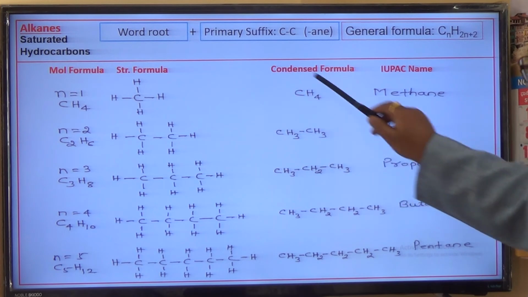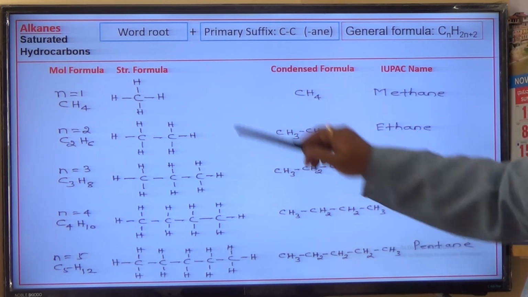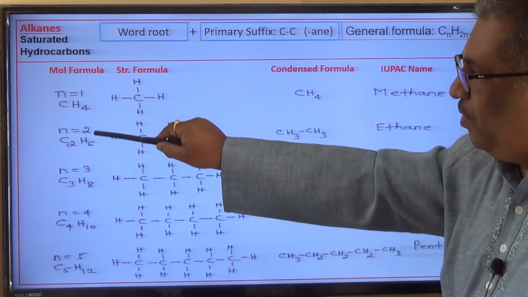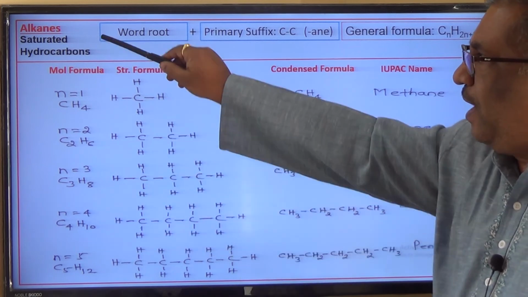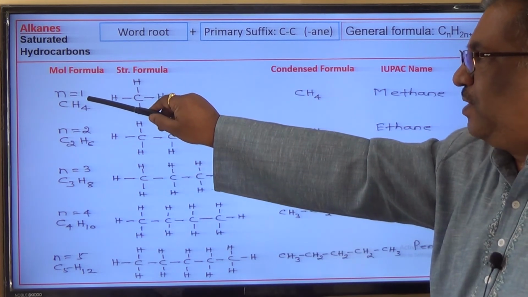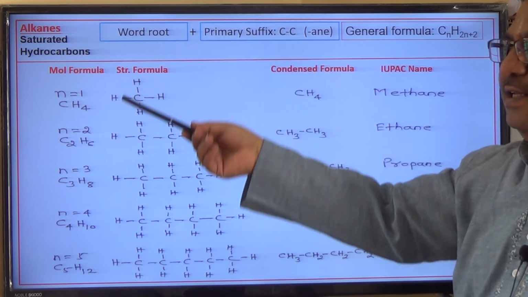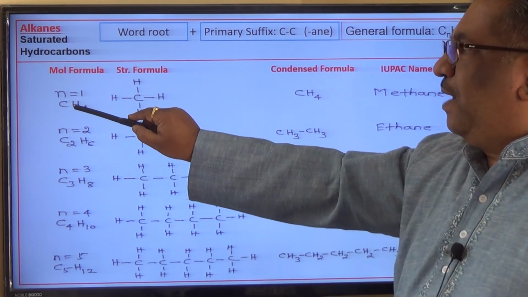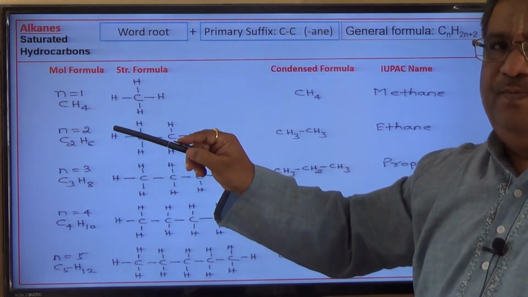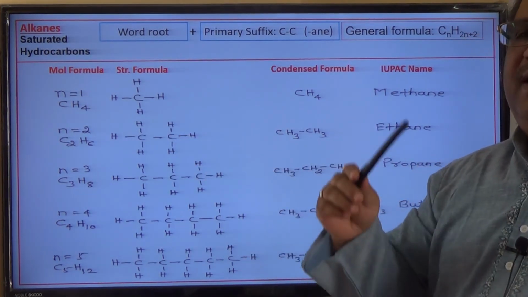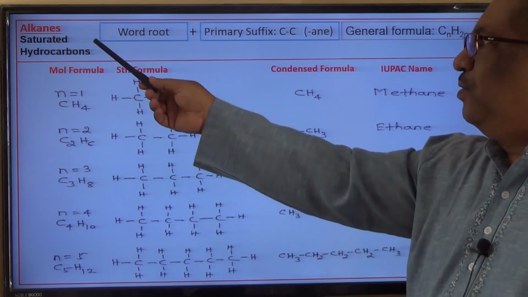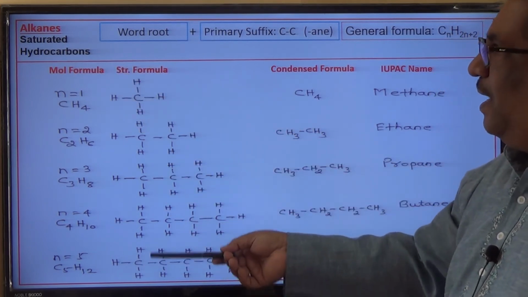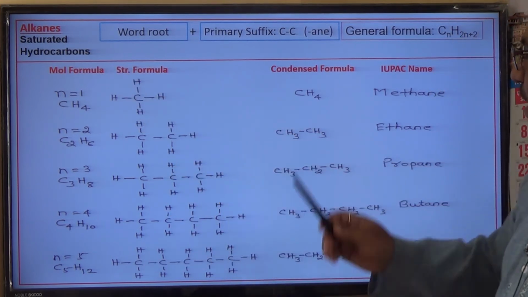These are the alkanes, n equals 1, 2, 3, 4, 5. For alkanes, we begin with n equals 1. For alkenes and alkynes, which are unsaturated hydrocarbons, the starting number of carbon atoms is 2. So these compounds are called alkanes. Okay, make a note of this.